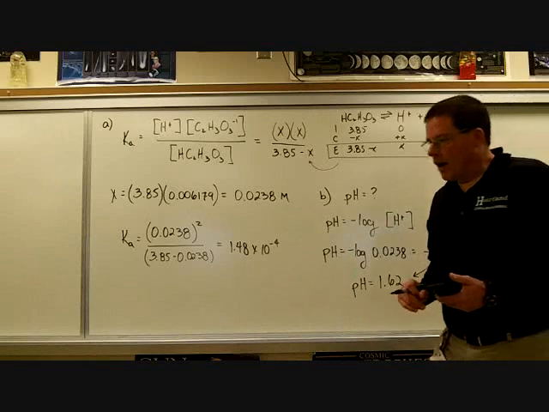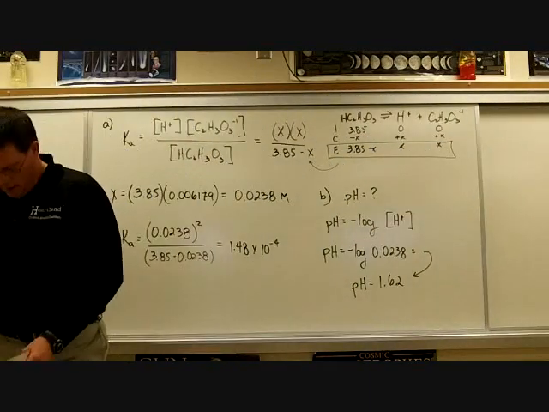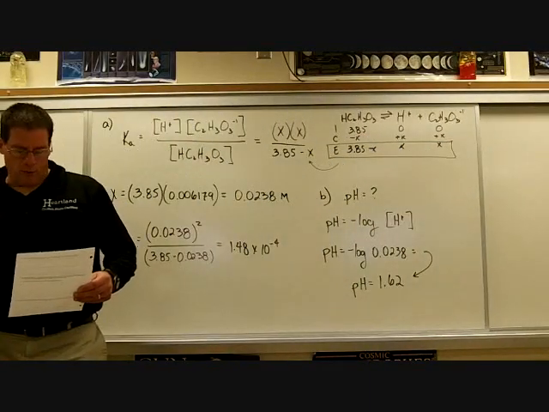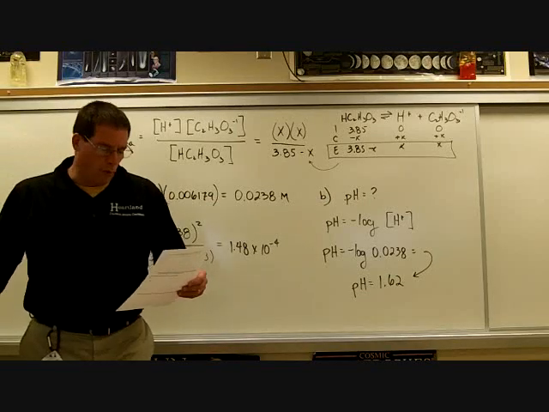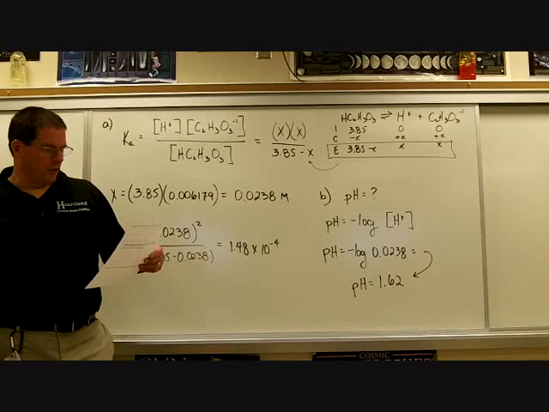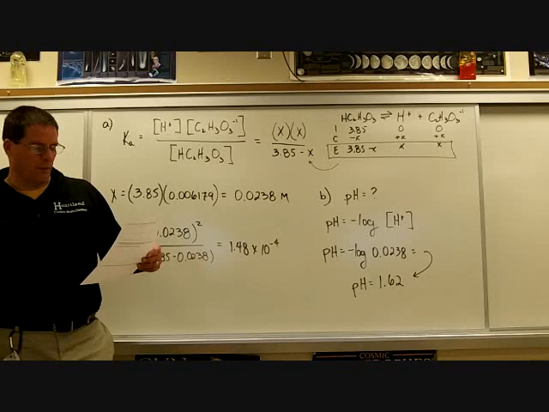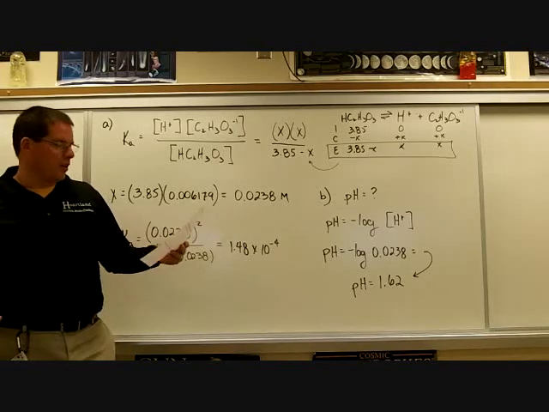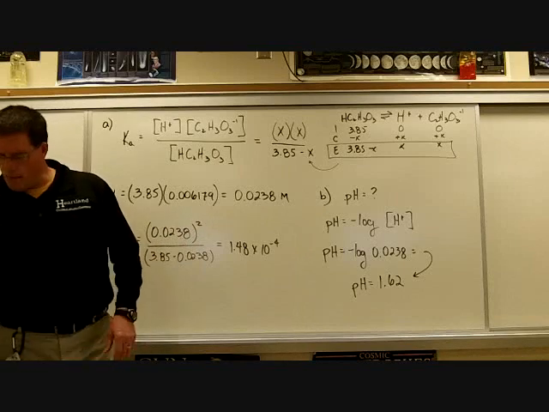Okay. All right, part C says calculate the pH of a solution formed by dissolving 1.72 moles of solid sodium glycinate in 850 milliliters of a 3.85 molar solution. Again, this is something that we did on the last quiz. Go ahead and do that.